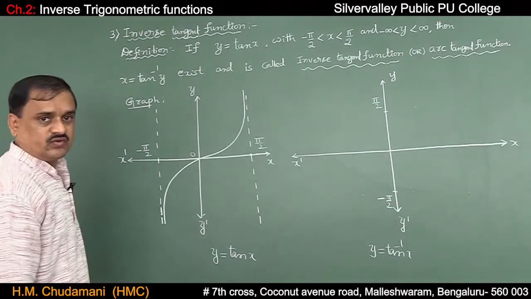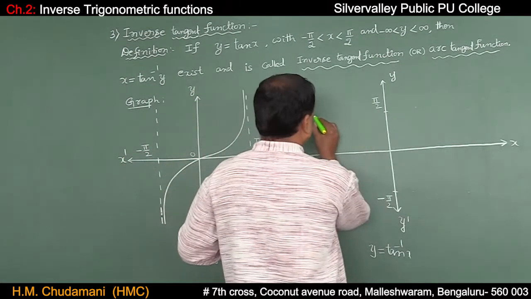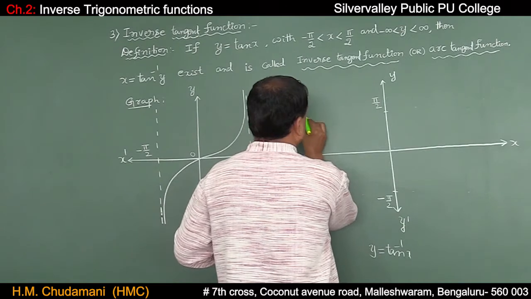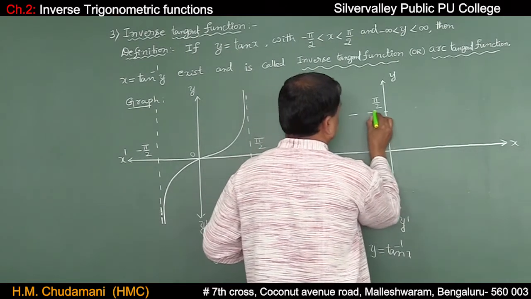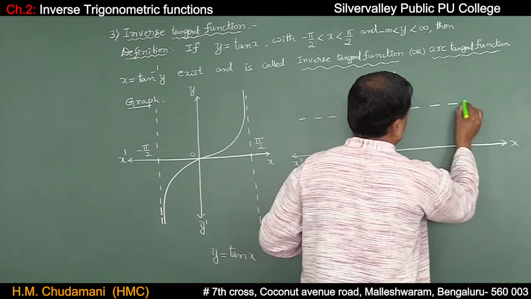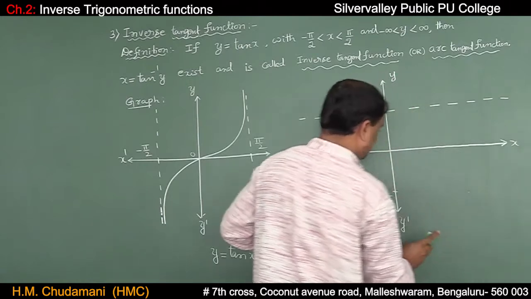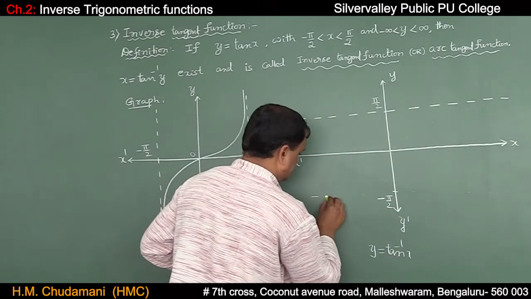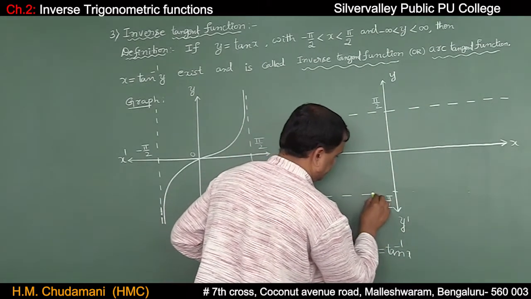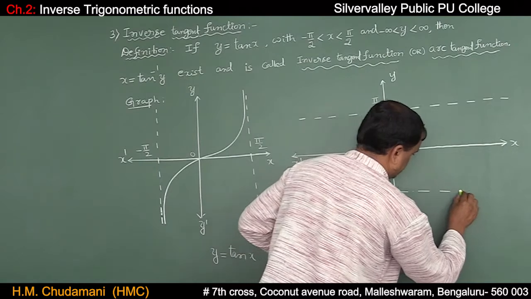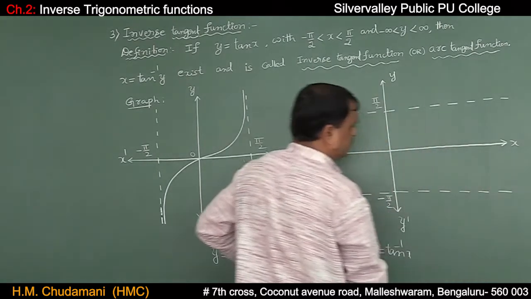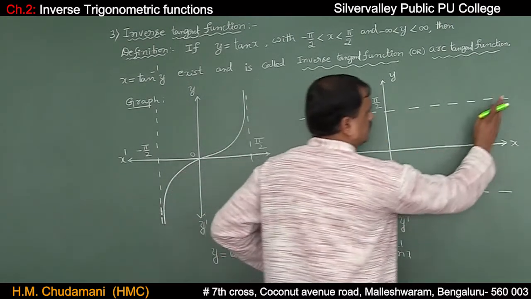Correct? So now, the graph of tan inverse x. This is pi by 2, and minus pi by 2. This is minus pi by 2.